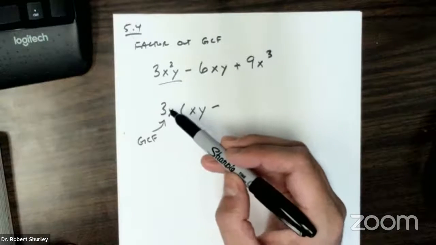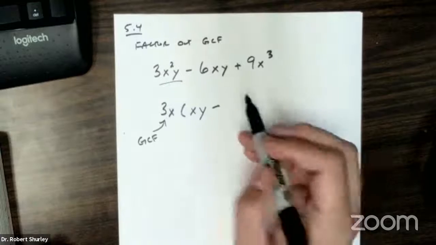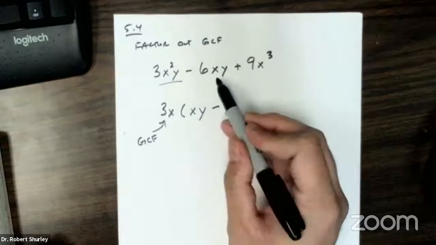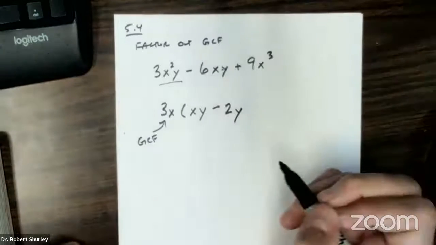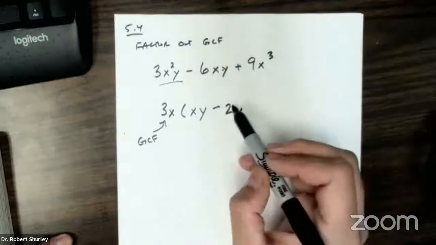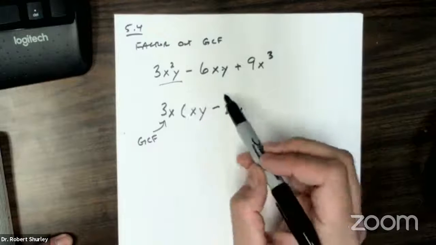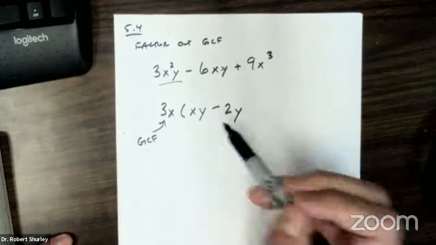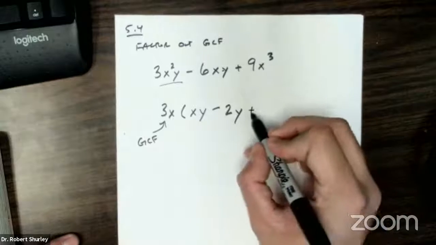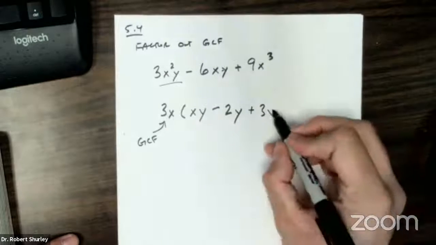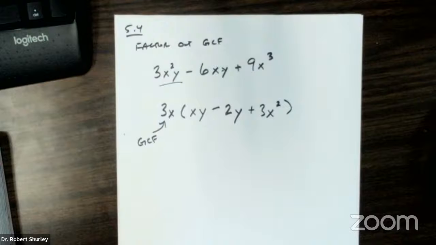And then I need to look at, okay, what do I need to multiply 3 by to get 6? 2. I don't need an x there because there's already an x, but I do need a y. So 3 times 2 will give me the 6, x, and then the y's there if I multiply these back through. And then what do I need to multiply 3 by to get 9? Oh, that's just 3. And I need 2 more x's, right? And I'm done.